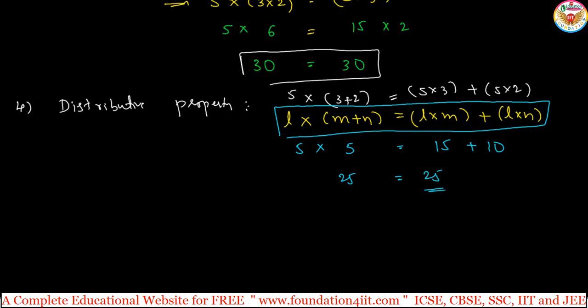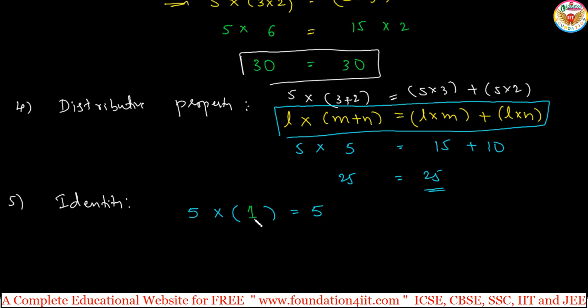Those are the four properties, and the fifth one is the multiplicative identity. One is the identity and the other is the inverse. The multiplicative identity means the number by which, if you multiply, you get the same number. For example, 5 is an integer. What number, if you multiply, will give again 5? Obviously it is 1. 5 into 1 is only 5.